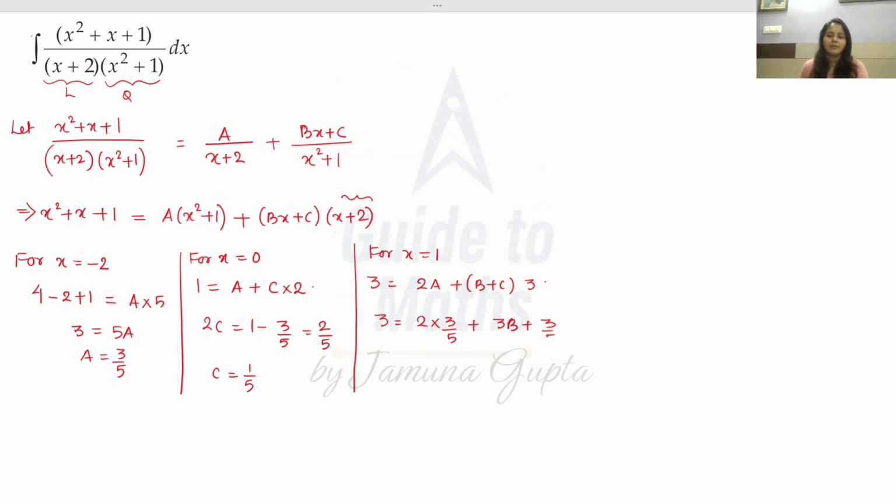So 3b will be equal to 3 minus 6 by 5 minus 3 by 5. Take LCM 5: 15 minus 9 will be equal to 6 by 5. So overall b is 2 by 5.